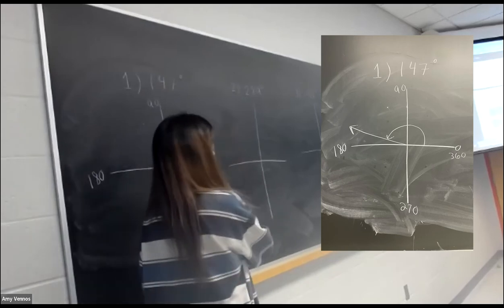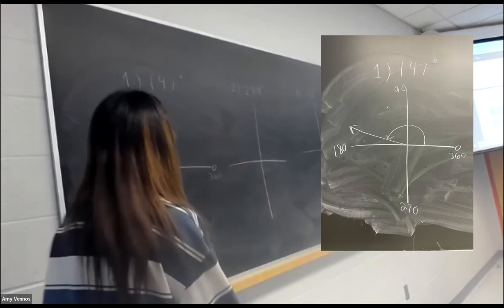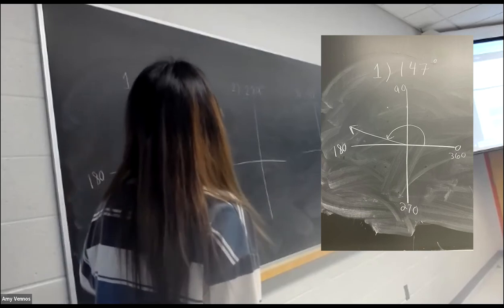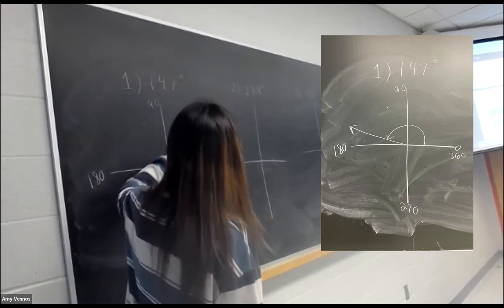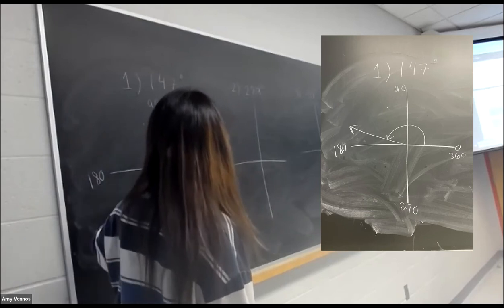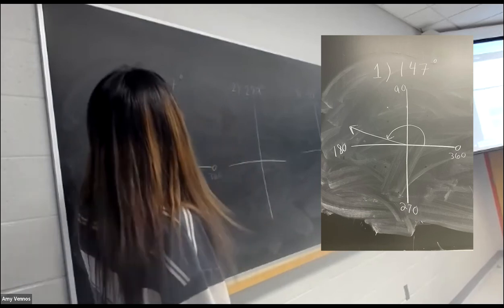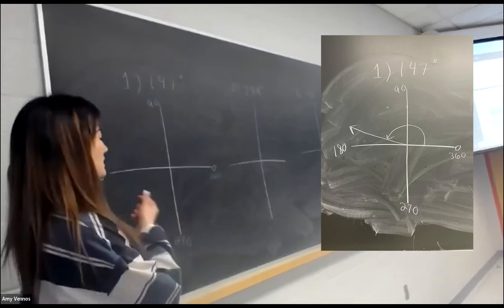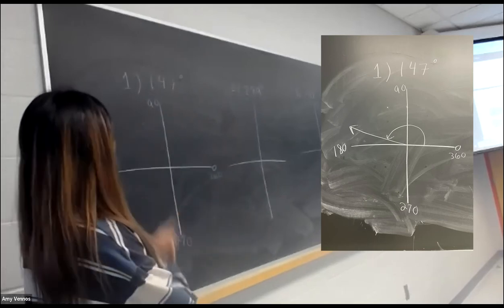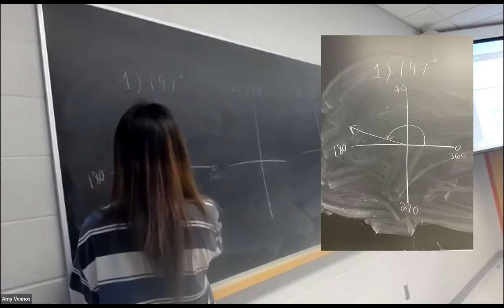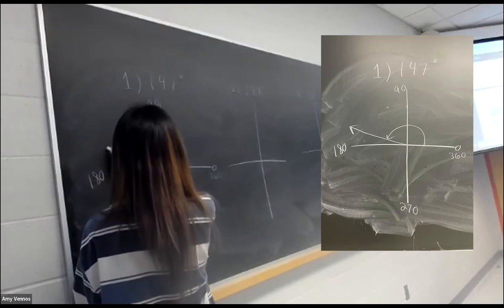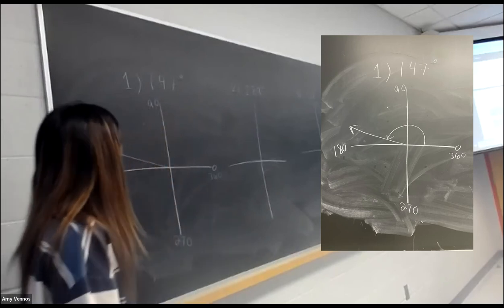Oh, yes, 360 degrees in a circle, right? Okay. So is 147 going to be in quadrant 1, 2, 3, or 4? 2, right? It's going to be between 90 and 180. So I'm just approximating this here, but I think 147 is going to be, I don't know, like here, right?